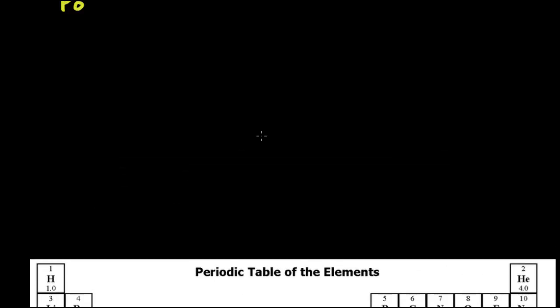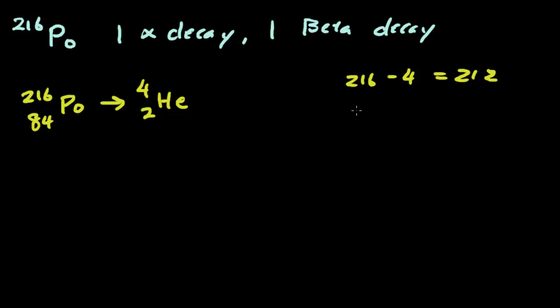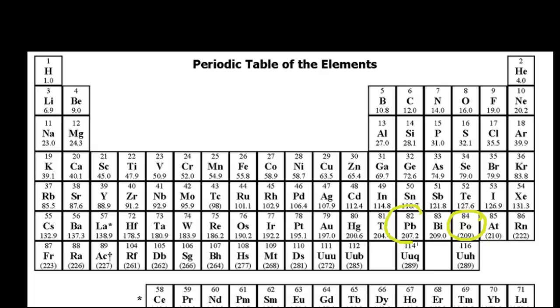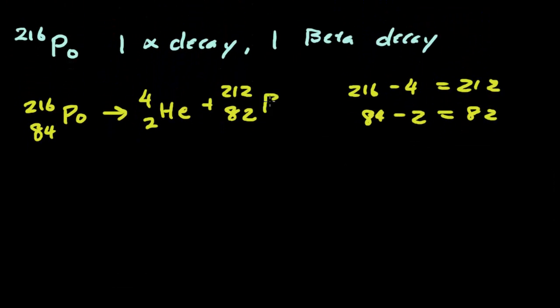So we have 84. So our proton number is 84. Our charge is 84. We're doing 1 alpha decay, so 4 to helium. And then we subtract. So we have 216 minus 4 gives us 212. And 84 minus 2 gives us 82. So we have 212, 82. And we look into our table for 82. So we have Pb, which is lead.